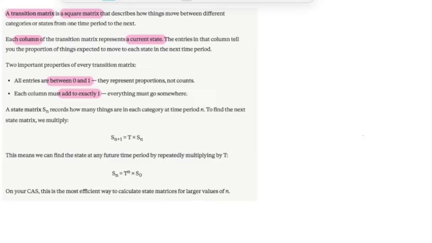The second matrix we need is the state matrix, Sn, which records how many things are in each category at time period n. To find the next state matrix, we just multiply T by our state matrix. This means we can find any future time period by repeatedly multiplying by T. That is, our state matrix in time period n will be equal to our transition matrix T to the power of n times our initial matrix S0.